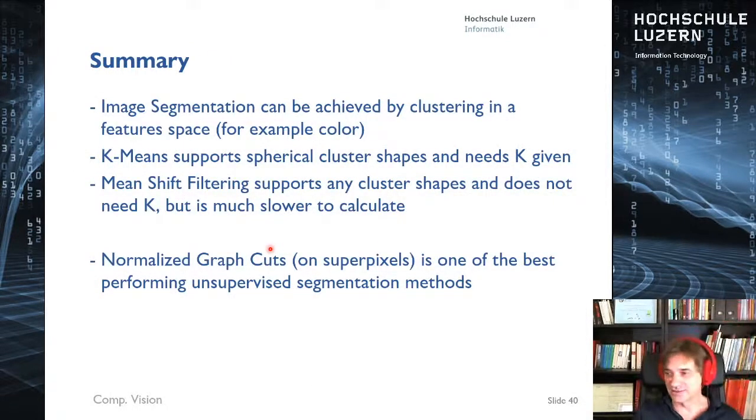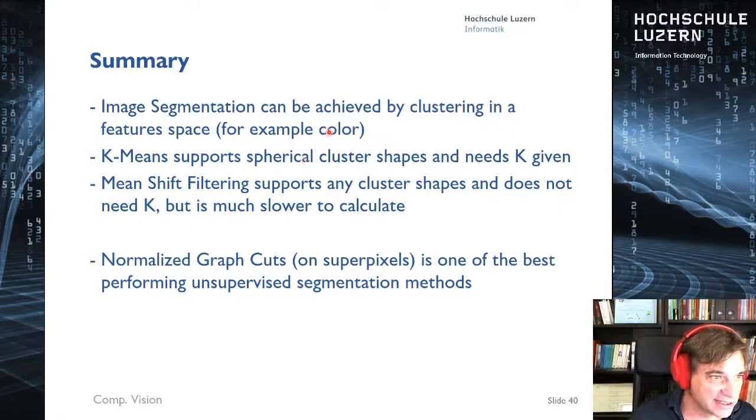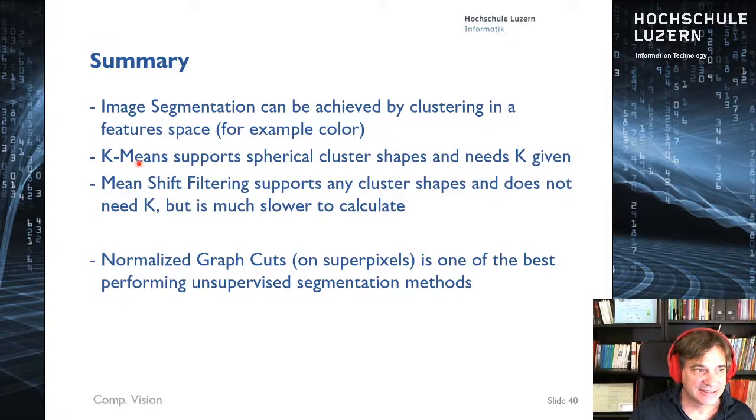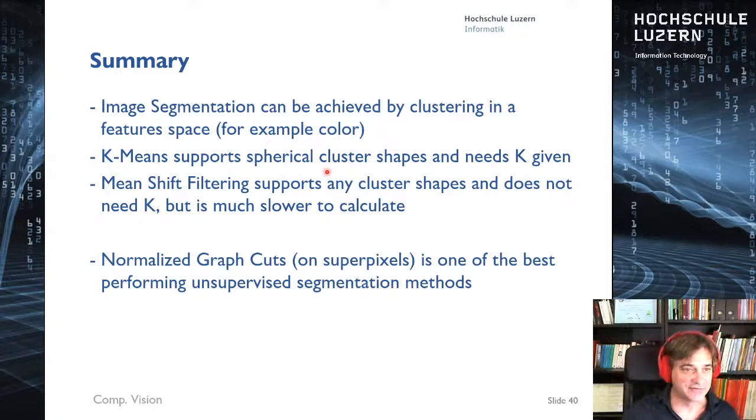Okay, so a summary of what we have seen today. We can do image segmentation by clustering in feature space, for example by colors. We will look at more features in the next lecture for texture approaches. We can use k-means, but it supports spherical cluster shapes, and we need to give a k from the beginning.